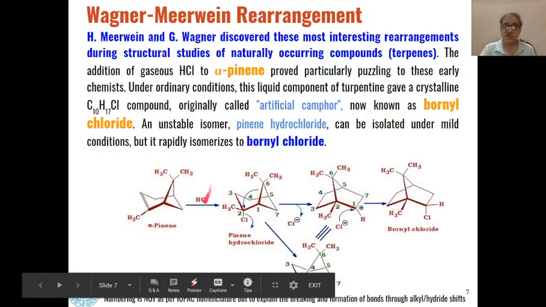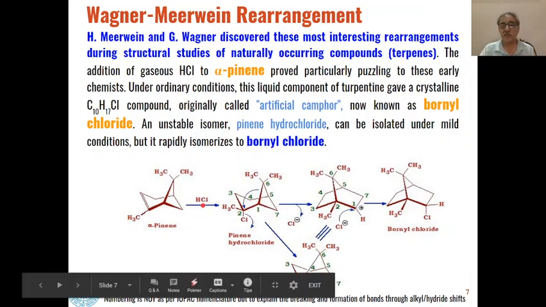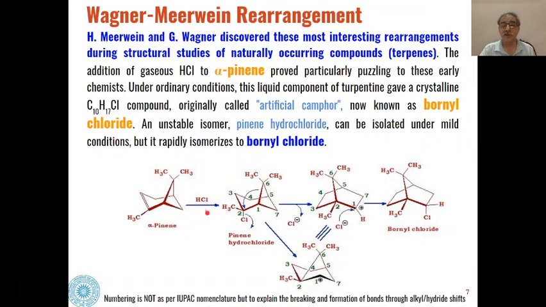So this is a natural product, alpha-pinene. When HCl is added to this, HCl will add to this carbon-carbon double bond, and we know that addition of HCl to an alkene takes place as per Markovnikov rule. So the negative part will go to the carbon which has the minimum number of hydrogen atoms.